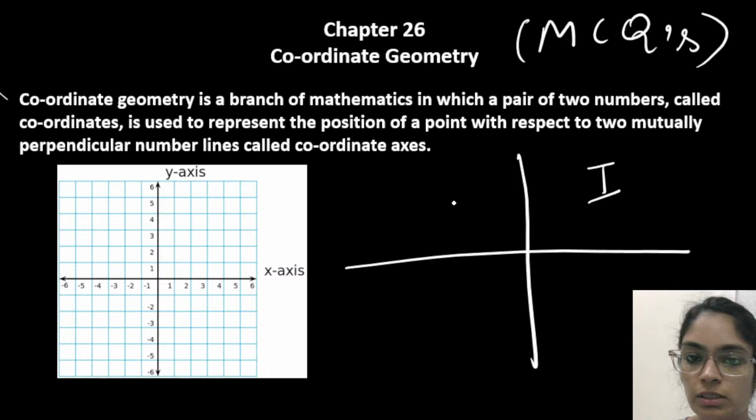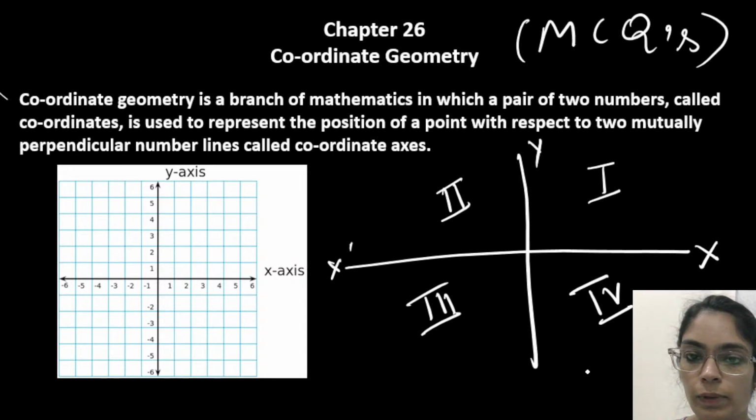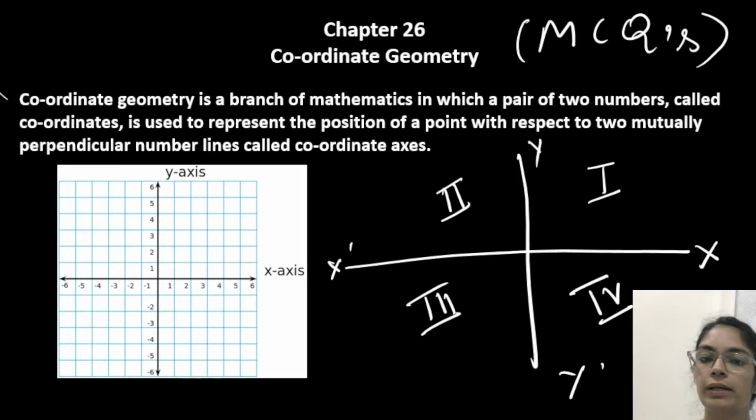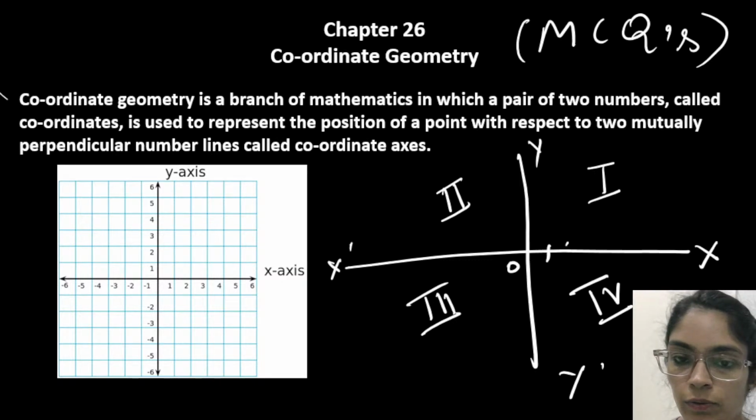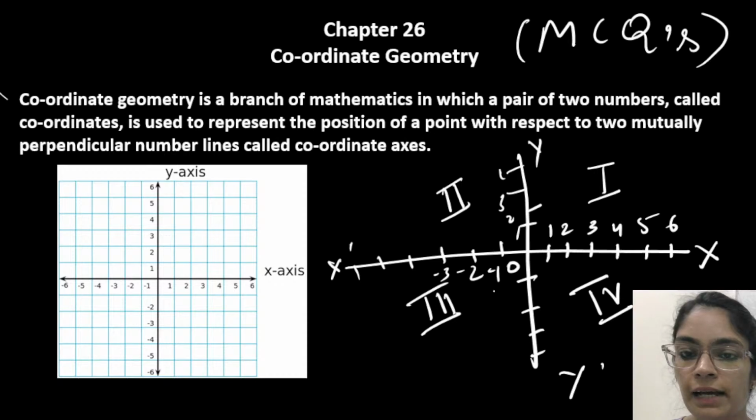This is the first quadrant, second quadrant, third quadrant, fourth quadrant. Horizontal is the x-axis, vertical is the y-axis. On the right side we have positive x-axis, on the left side negative x-axis, upper side positive y-axis, lower side negative y-axis.